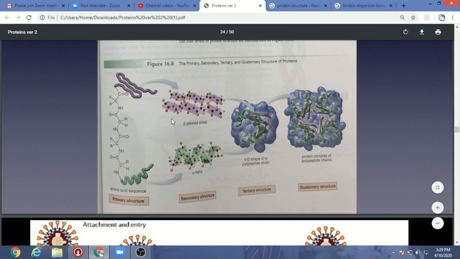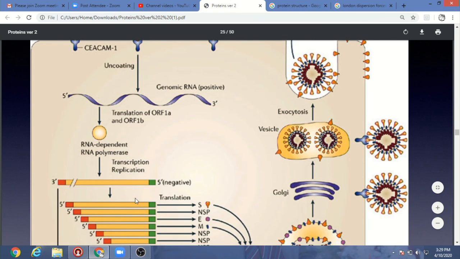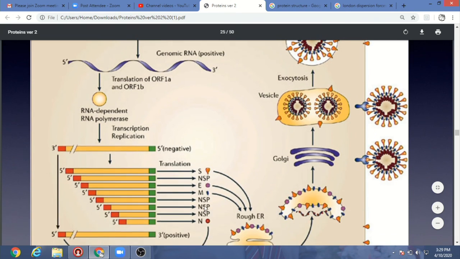I'm not going to go over it with you right now. In fact, I think this video is long enough. I'm going to make a video on the coronavirus and how it works, and how these spike proteins are recognized by the cell's receptors, allowing it to come in. Then the RNA is translated and turned into these proteins that end up being those spike proteins again.